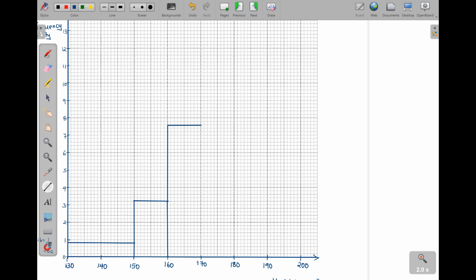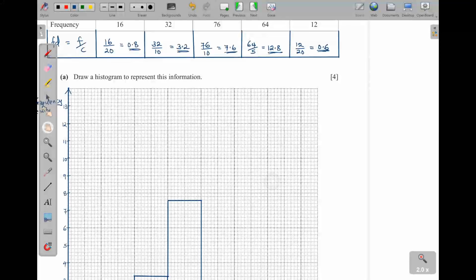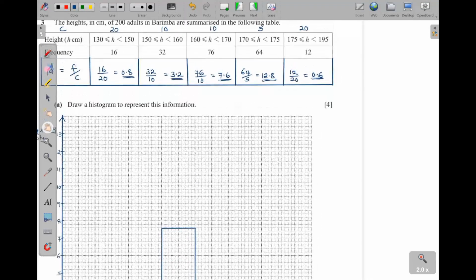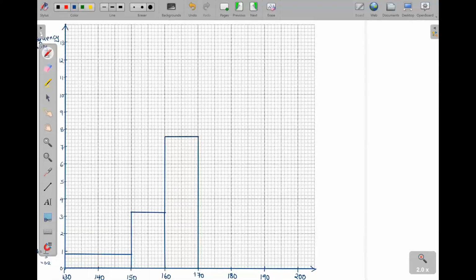So connect with this one here and also down here. Just like that. Then the next one is 170 to 175, 12.8. It's in the middle here.